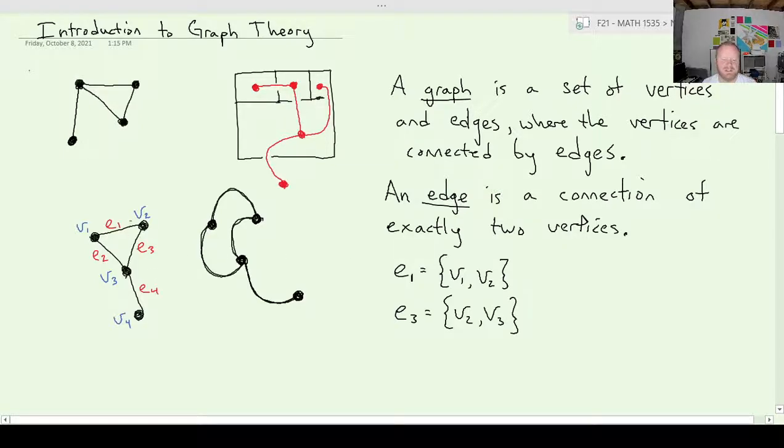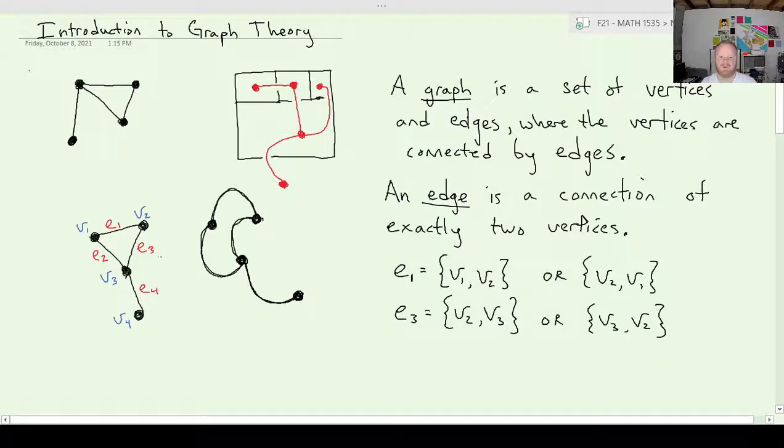And we don't distinguish between the start and finish of those edges. So E1 could also be written as V1, V2, or V2, V1. And this one can also be written in this other order. But each time it's only connecting two vertices, right? It's got two vertices that are being connected there.